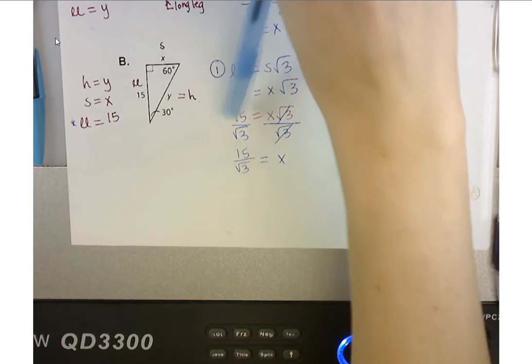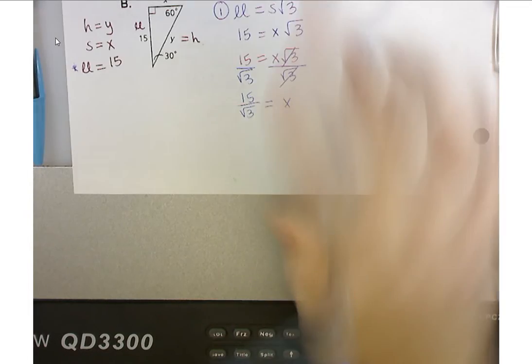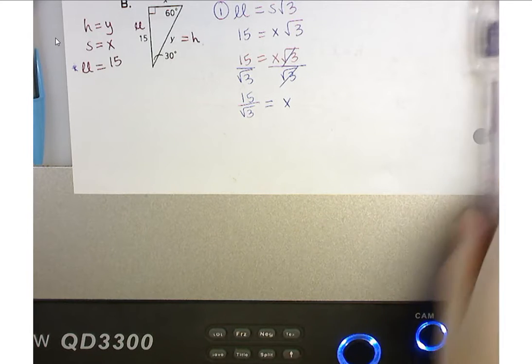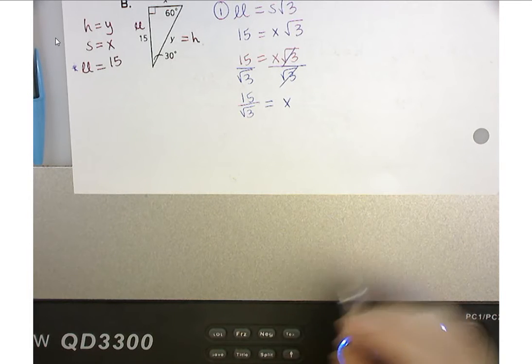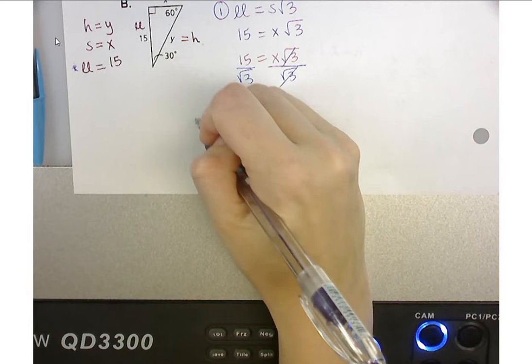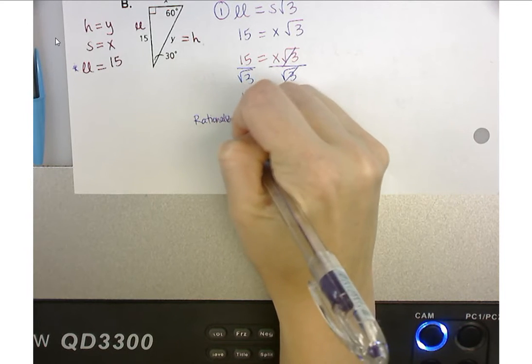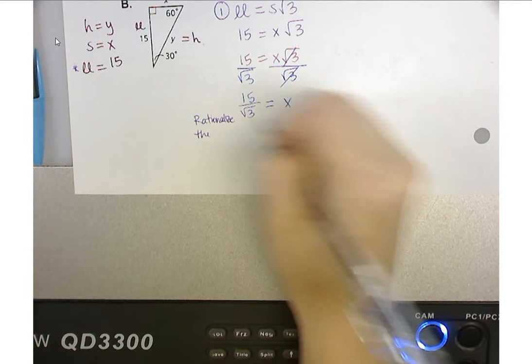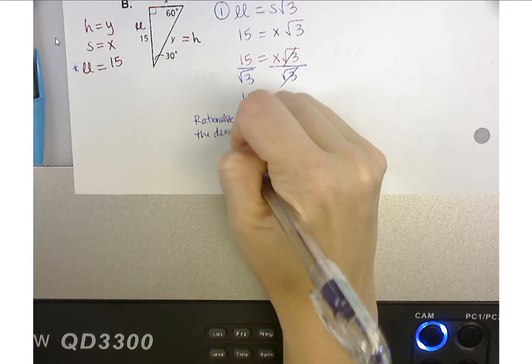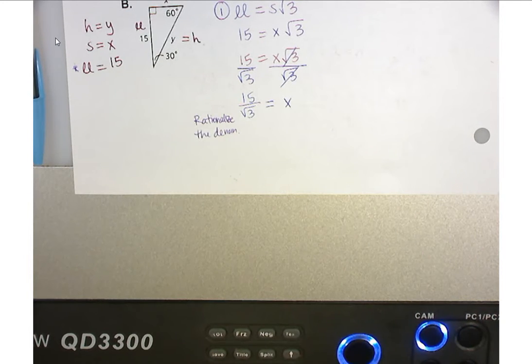We don't like that. Okay, Hannah, why don't we like that? What specifically is not a whole number? The root 3, right? So we want the denominator to be a whole number. We don't want it to be a radical, so we have to rationalize.